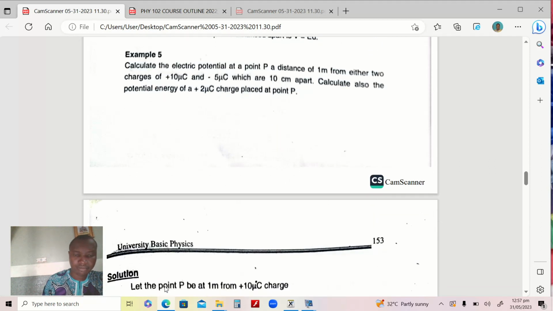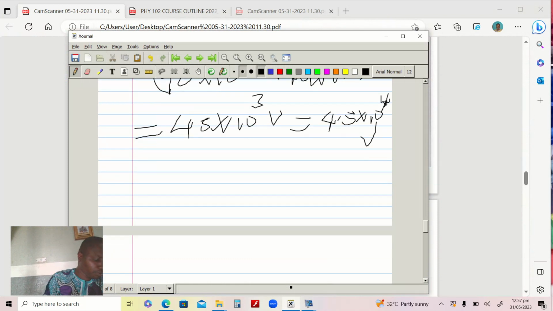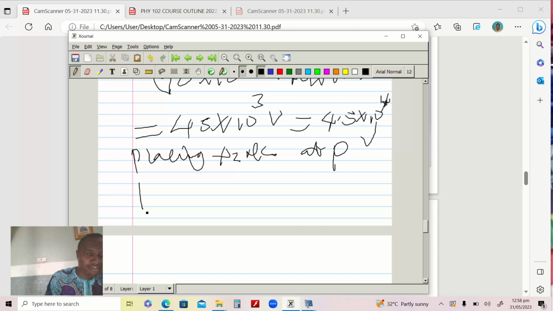In doing this, the potential energy of a +2 microcoulombs charge placed at P is given as, so we are dealing with potential energy now. So placing +2 microcoulombs charge at P, we have energy or work done, which is going to be QV.